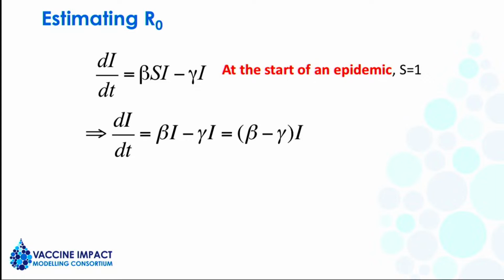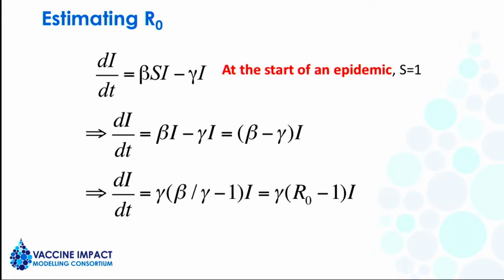So we've got beta minus gamma times I. This is just a constant, so this looks like exponential growth, right? We've got a constant times the population in our differential equation. We can do that by substituting in the equation for R naught. R naught in this model is beta over gamma, so we can rearrange this slightly to include beta over gamma.